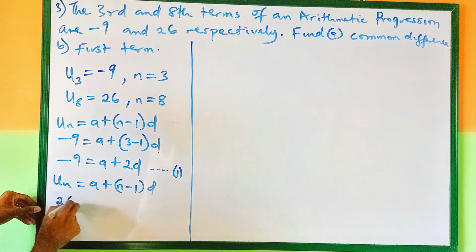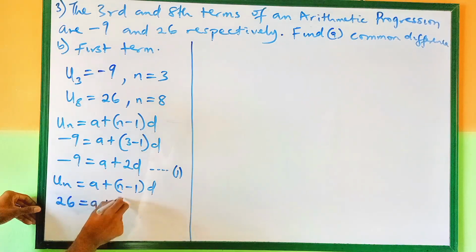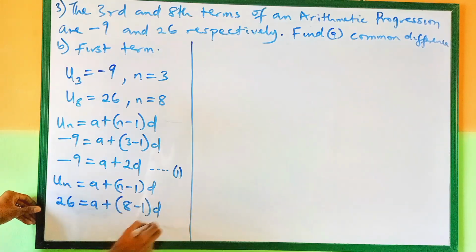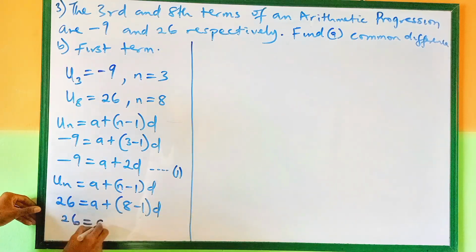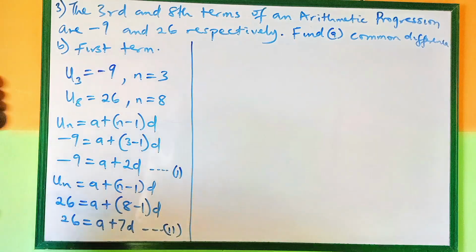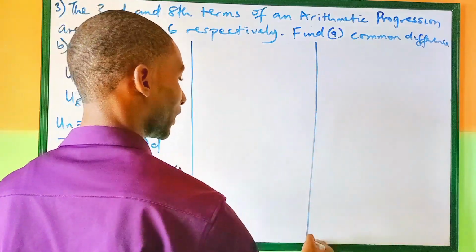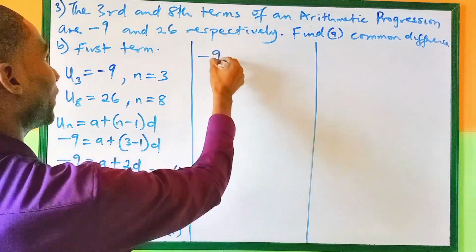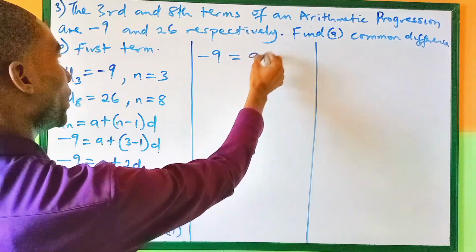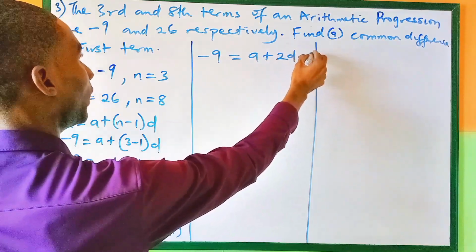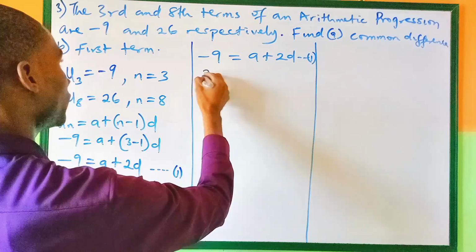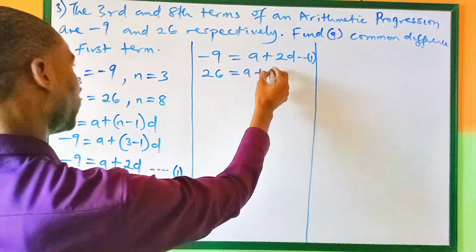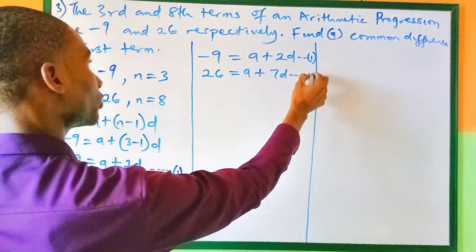You have 26 equals A plus (8 minus 1) times D. 26 equals A plus 8 minus 1, which is 7, times D, 7D. This is equation 2. So this is going to lead us to simultaneous equations. Let's bring the two equations together. Equation 1 is minus 9 equals A plus 2D, and equation 2 is 26 equals A plus 7D.